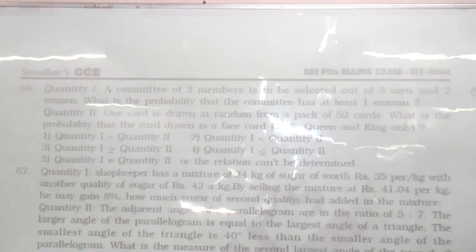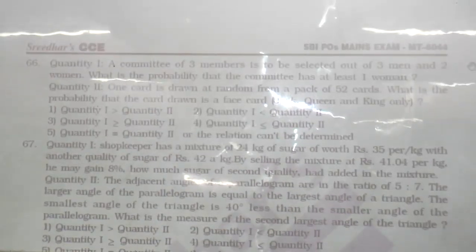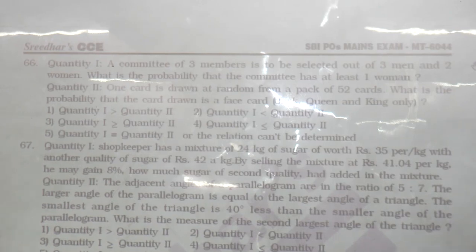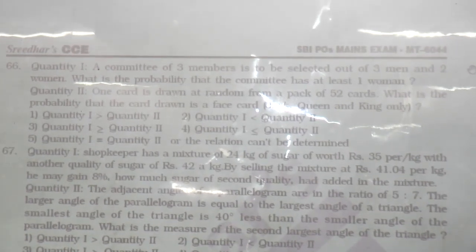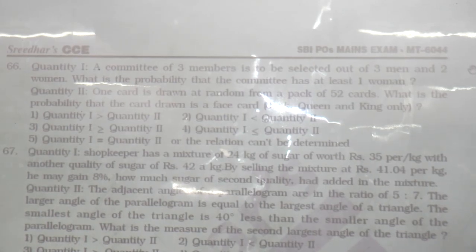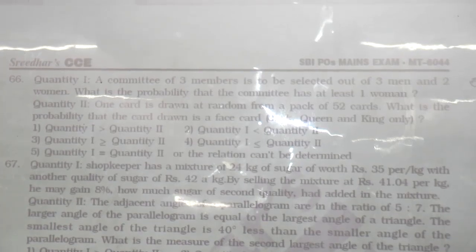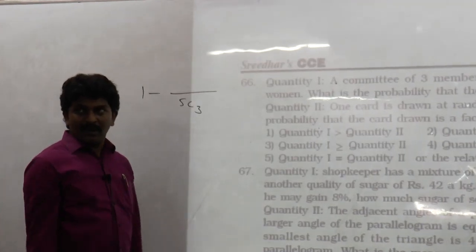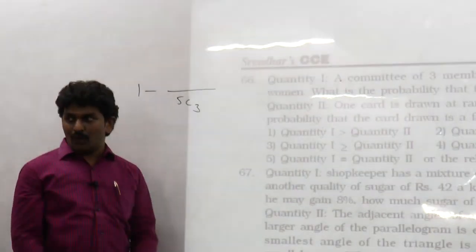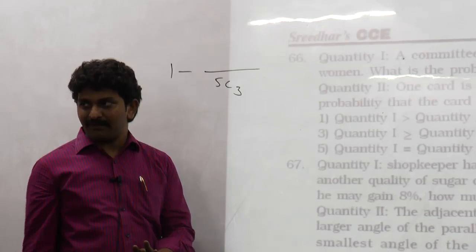66. A committee of 5 members is to be selected out of 3 men and 2 women. Out of how many people? 5 people. What is the probability that the committee has at least 1 woman? At least 1 woman. It is like 1 minus the probability of selecting no woman. So out of 5 people you need to select 3 people, and you are expecting no woman here, so 3 members should be from male.